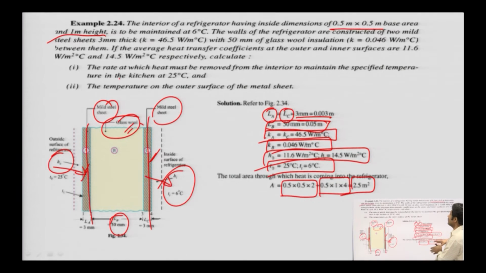Because the refrigerator is a complete enclosure, the heat is coming in from all the sides: from the top area, the base area, the front area, everywhere the heat is peeping into the refrigerator. That's why the insulation has to wrap all the inside surfaces of the refrigerator, otherwise there will be heat penetration, and whatever you wanted to cool in the refrigerator will get heated up.